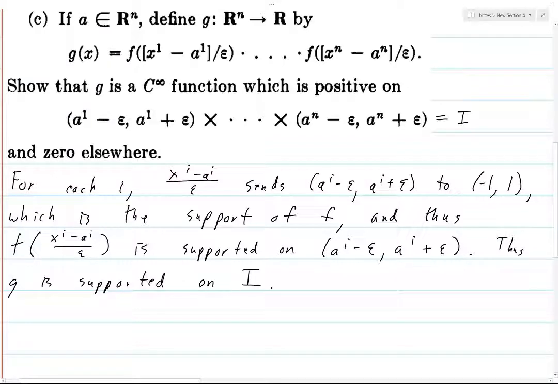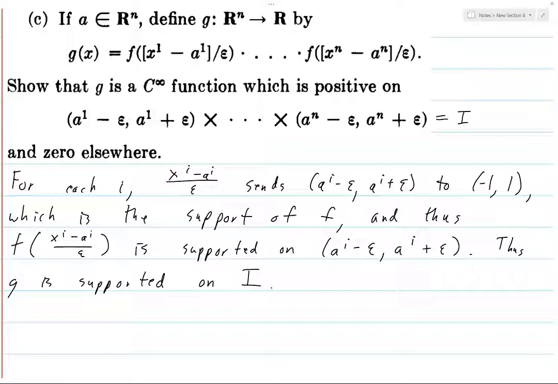And if you're writing this up as a proof, it might be good to go into a little more detail here. Basically, the reason that g is supported on I is that if any xi is not in the interval (ai minus epsilon, ai plus epsilon), then f applied to xi minus ai over epsilon is going to be 0.